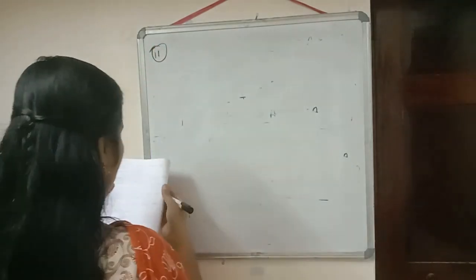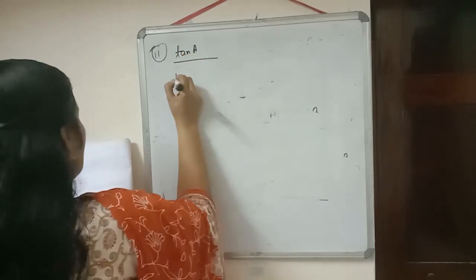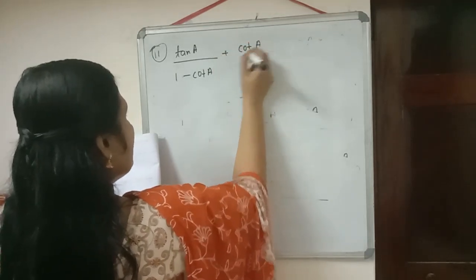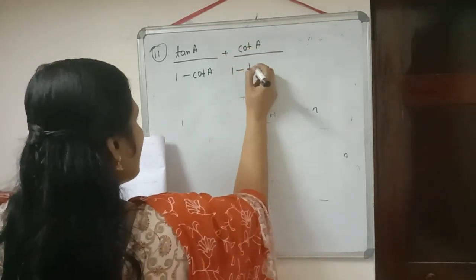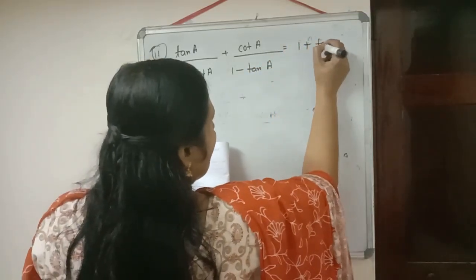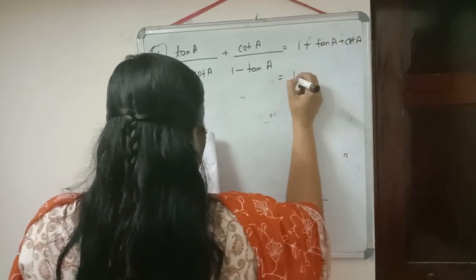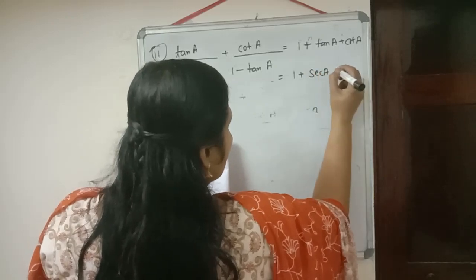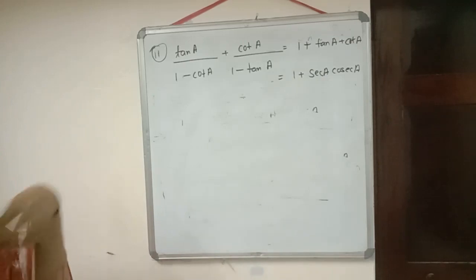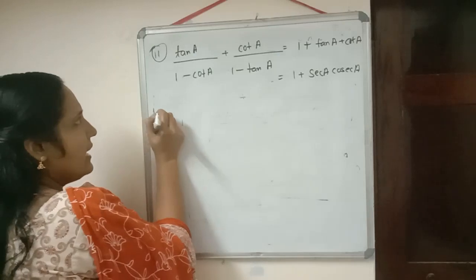Prove that tan A by 1 minus cot A plus cot A by 1 minus tan A is equal to 1 plus tan A plus cot A, is equal to 1 plus sec A into cosec A. We have to prove left hand side is equal to the middle one and this is equal to the right hand side. So first we can simplify the left hand side.